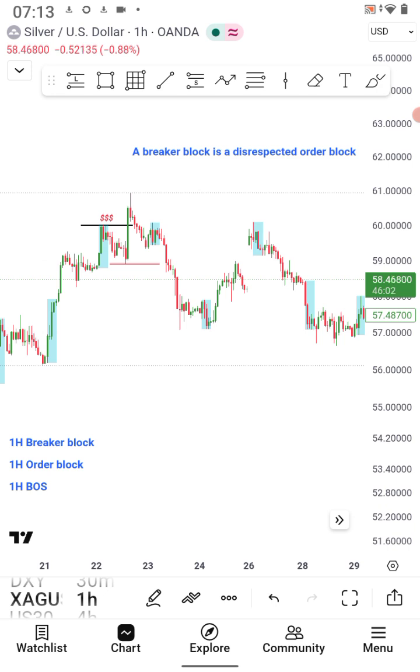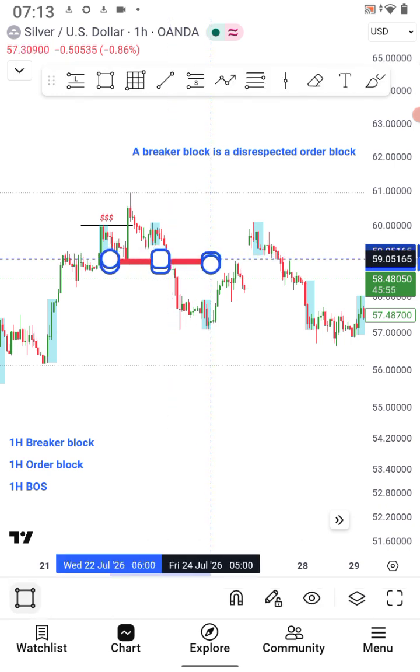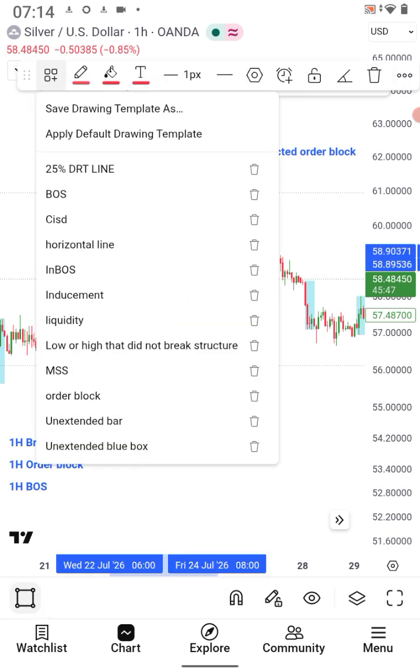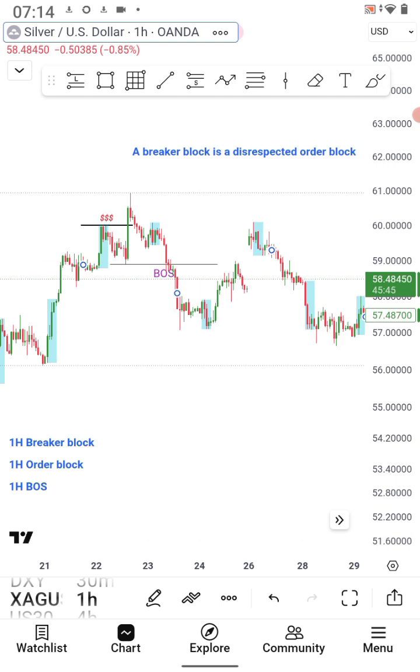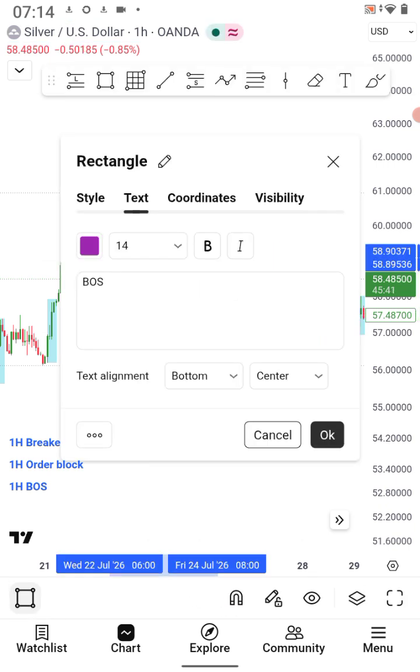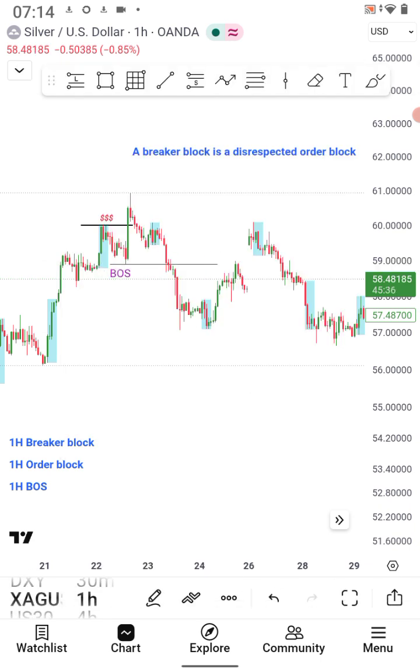Are you seeing it now? Then this is the break of structure on the 1 hour time frame. No, not this. Break of structure on the 1 hour time frame. I want to see that too. Are you seeing it now?